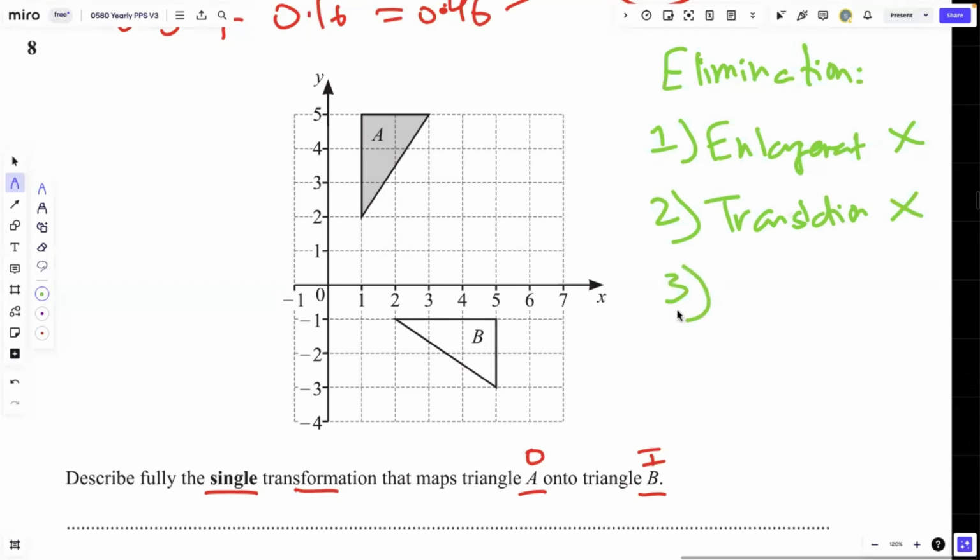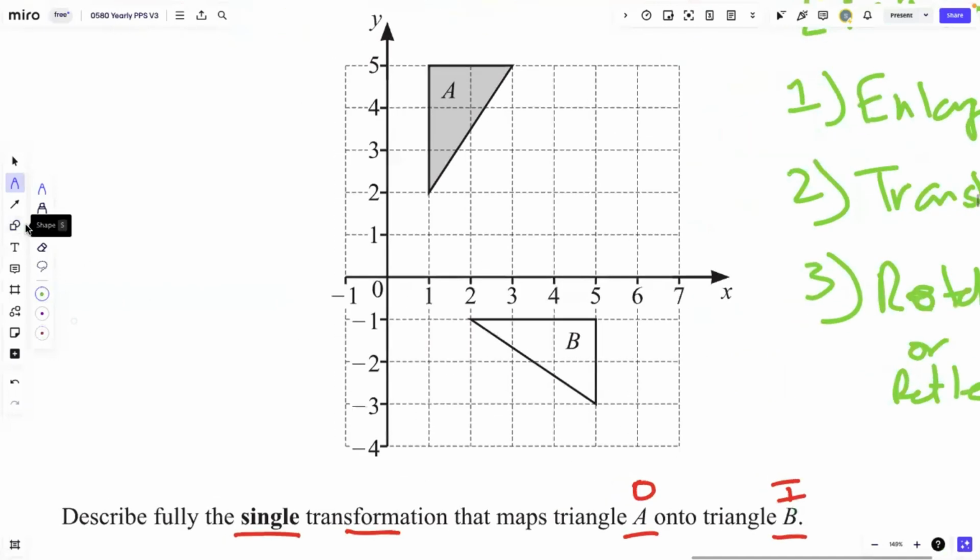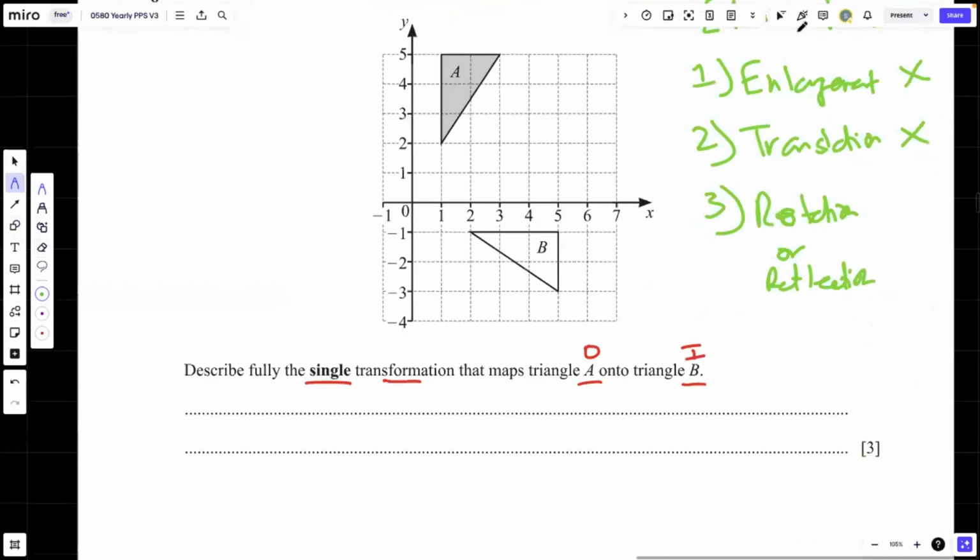Now for the third portion, we go for reflection and rotation together. Once you have ruled out enlargement and translation, we know it's either rotation or reflection. Now for that, the final test that we could have here is to draw lines to figure out if it's going to be reflection or rotation.